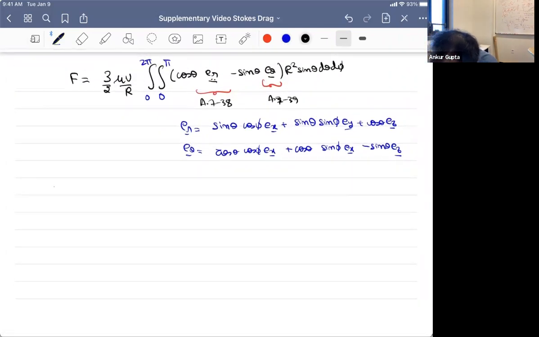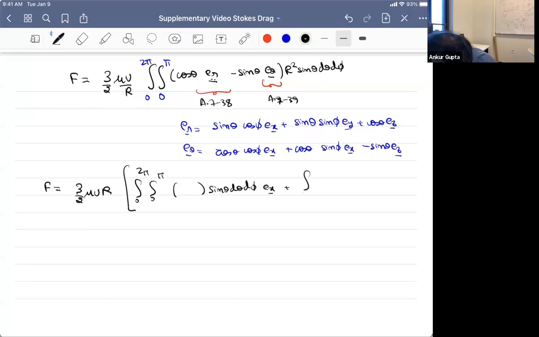So what I'm saying is you will get an expression here, something like 3 by 2 mu u r, integral 0 to 2 pi, 0 to pi, of something times sine theta d theta d phi e_x, plus the integral 0 to 2 pi, 0 to pi of sine theta d phi e_y, plus the integral 0 to 2 pi, 0 to pi of sine theta d phi e_z.